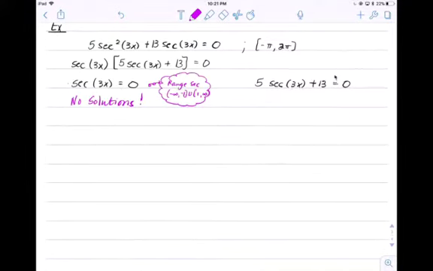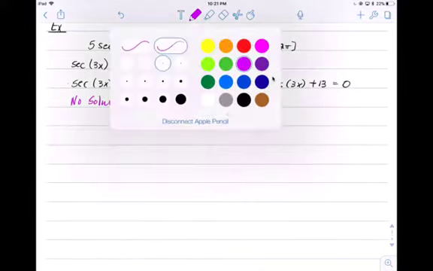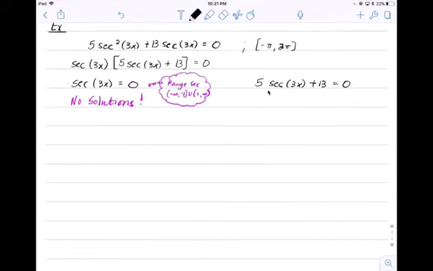Now we can jump to the second one. Just like in the previous video, you want to make sure that this gets isolated first before we start working with the x. To solve this equation, think of it as 5 times the smiley face plus 13. To solve for the smiley face, you first want to get rid of the 13, so subtract 13 from both sides.